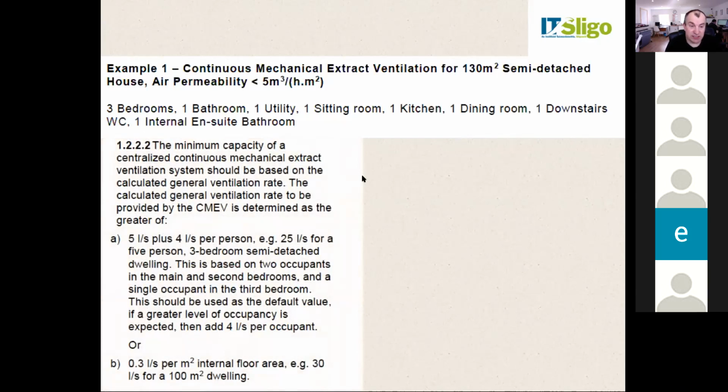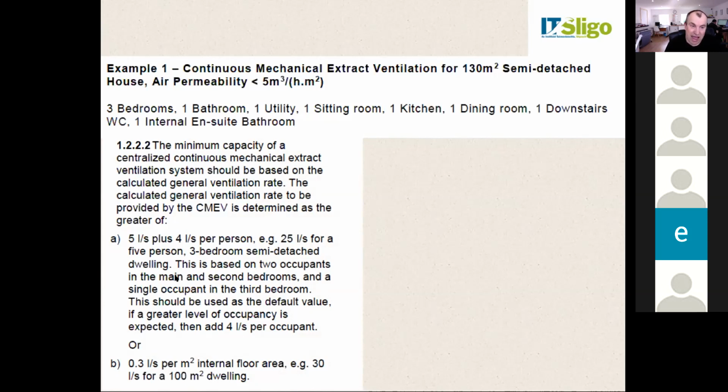We're going to go through this nice and slowly. We have lots of examples to do here. So if you were going to have just mechanical extract ventilation, that's pulling the air out and taking the warm air out of the hot rooms and bringing warm air into the cold rooms, making sure there's no condensation in the bathrooms.